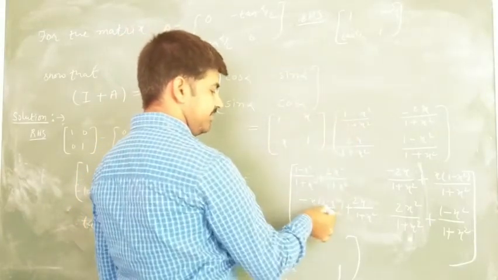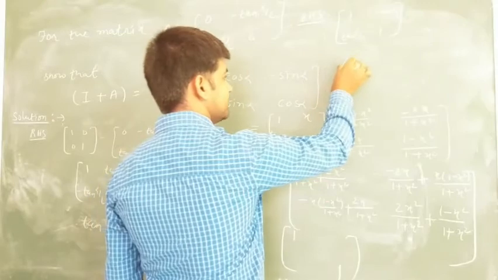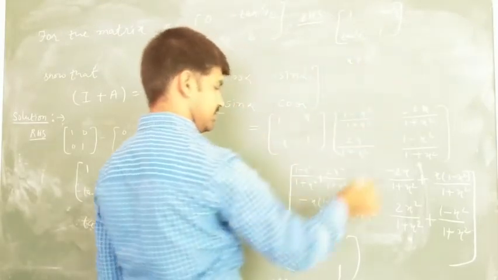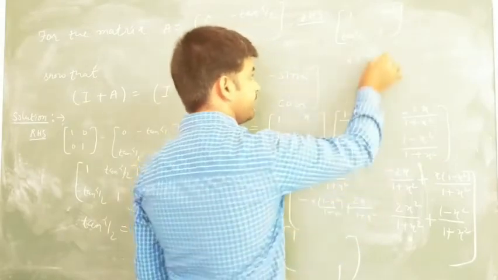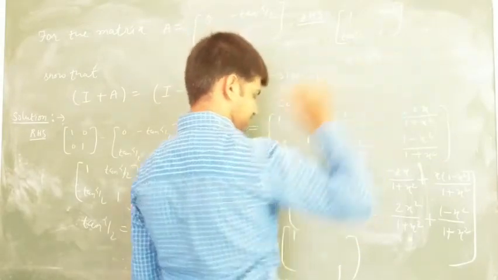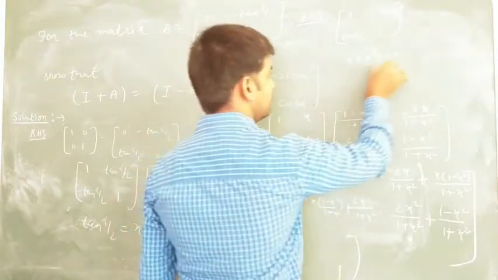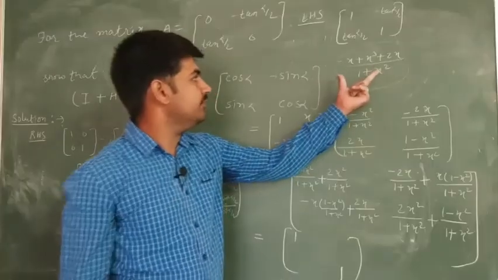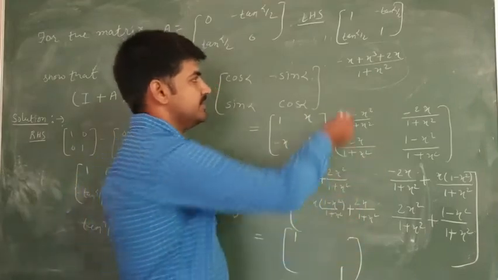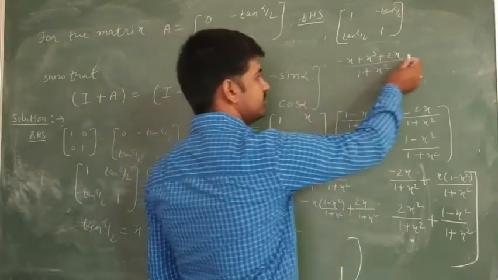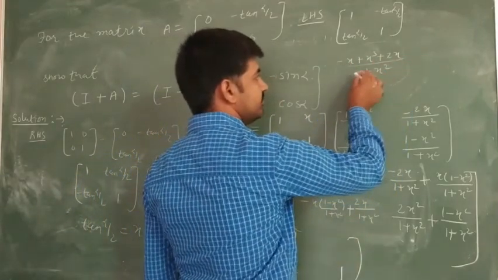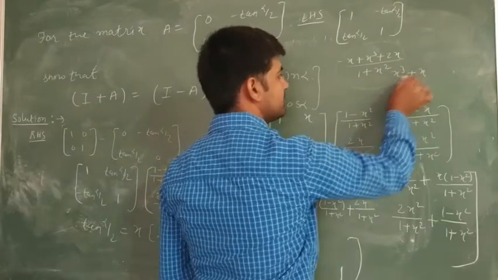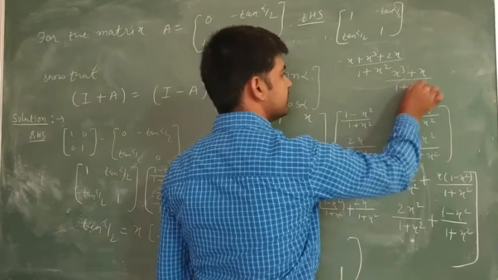I am writing, simplifying this particular term, minus x plus x cube and then plus 2x, okay, over 1 plus x squared. So when we simplify this, see students, minus x plus 2x has been x, so it has been x cube plus x over 1 plus x squared.